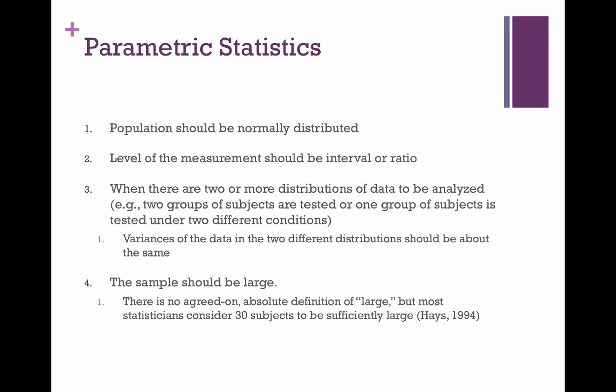When there are two or more distributions of data to be analyzed, for example, two groups of subjects are tested or one group of subjects is tested under two different conditions, the variance of the data in the two different distributions should be about the same. So similar variances, and the sample finally should be large, so more than 30 subjects. Normally distributed population using an interval or a ratio form of measurement. Variances should be similar and the sample should be large.